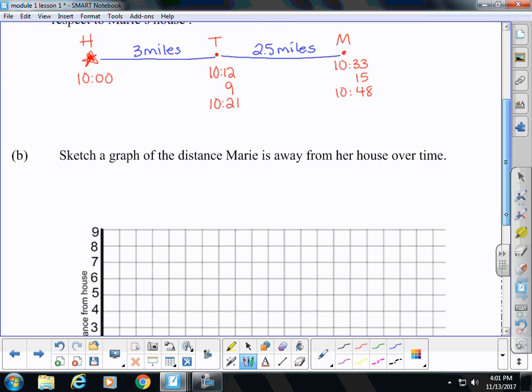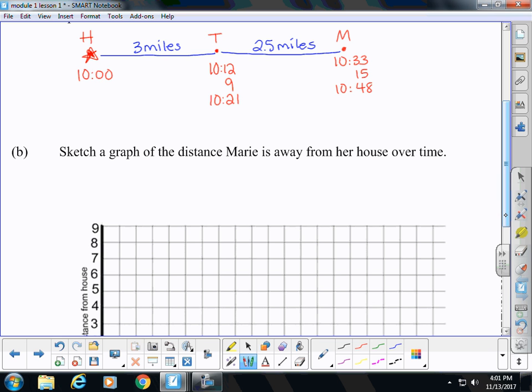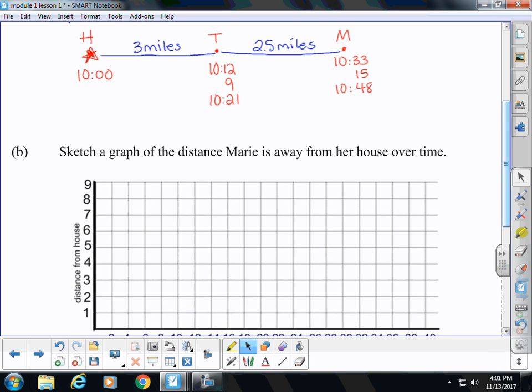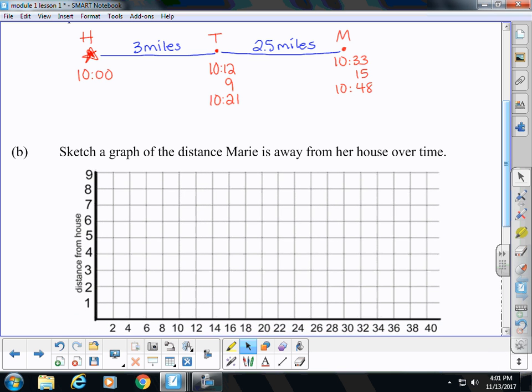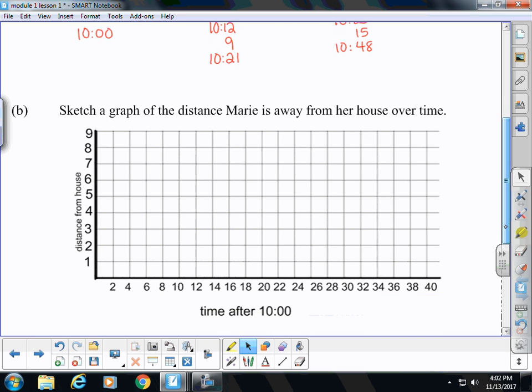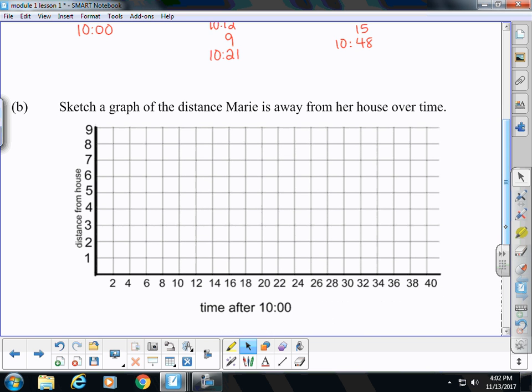Now we're going to actually draw it in a coordinate plane, using x and y. On our graph down here, on the x-axis, we have the time after 10 o'clock. For example, the 6 right here would be 10:06.